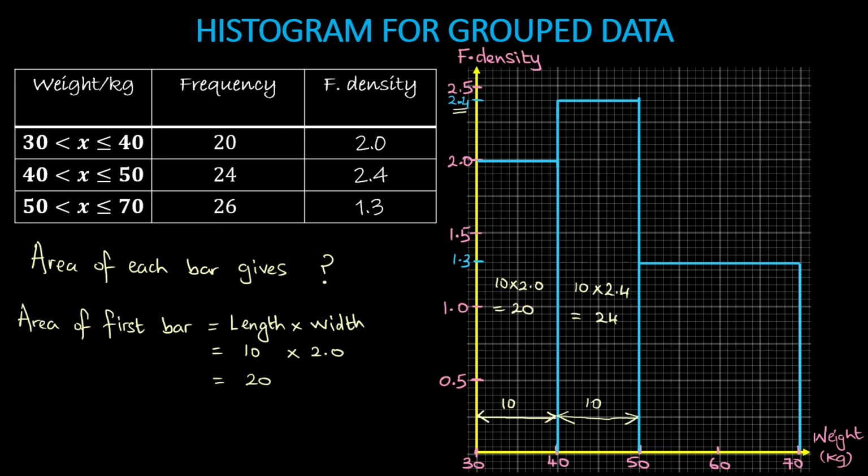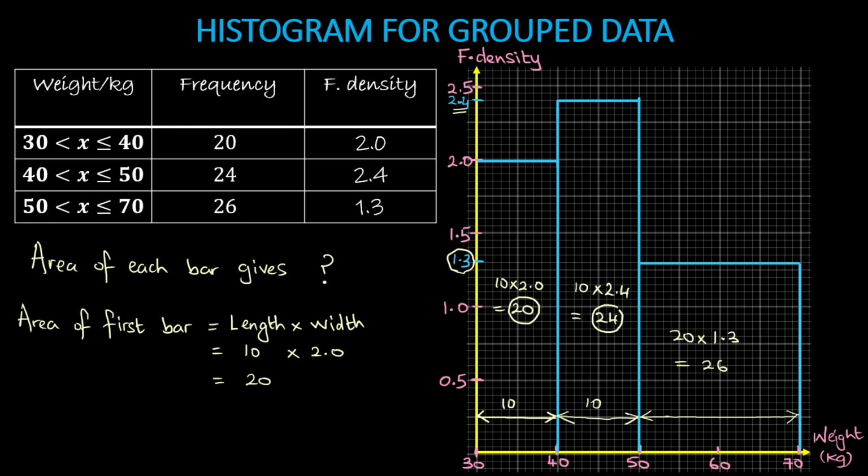And what about the third bar, the third rectangle? What is the length? It's from 50 to 70, meaning the length is 20 times the height. The height is 1.3, and this gives 26.